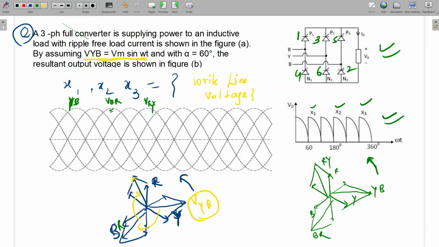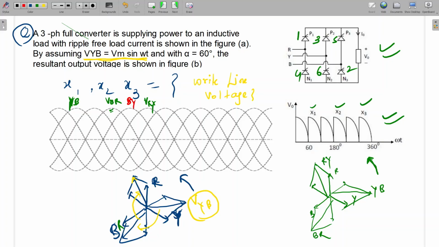Other things we can write. Since this is YB, BY will come here, that is reverse. What will be this value? 120 degrees will come here, again 240 will come here, and 360 degrees, 180 plus 180, 2 pi.